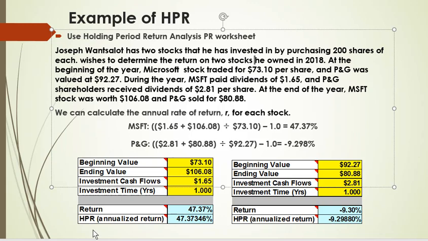But the HPR, as this worksheet designates it, is an annualized return. Now it turns out that it's the same number because it's 1 year. What would happen, do you think, if the time frame changed? What if the holding period was more than a year or less than a year?